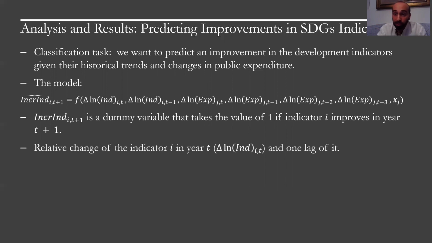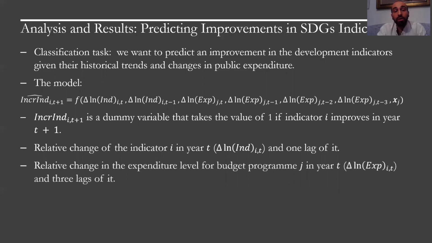Then as inputs, we include the relative change of the indicator in year t and one lag of it. We also include the relative change in the expenditure level of the associated budget program j in year t and 3 lags of it.